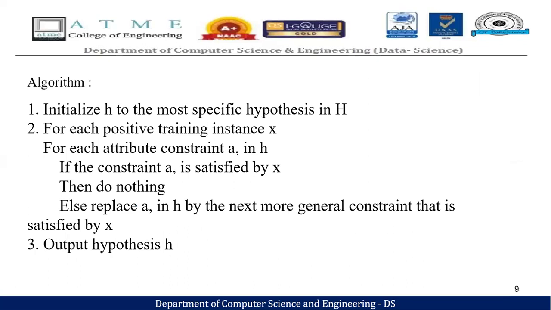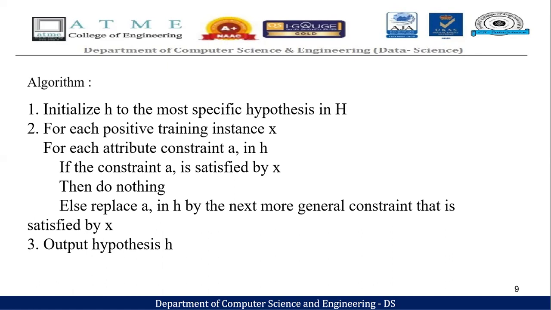And next is the algorithm. As I have mentioned, the first thing is we should start with the most specific hypothesis by using the null values. Next, for each positive training instance X, for each positive instance means if that sample is positive, yes.